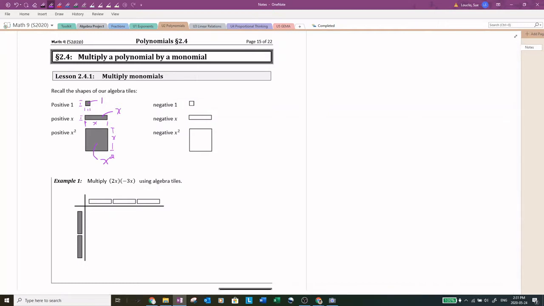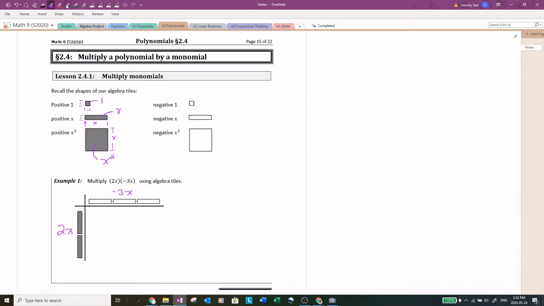Let's look at an example multiplying things using algebra tiles. What we have set up here is the question for multiplying algebra tiles. On the side here, there's an x and another x, so I have 2x. Along the top here, I have 3 negative x's, so we write that as negative 3x, okay? Now we want to put the algebra tiles that fit in here.